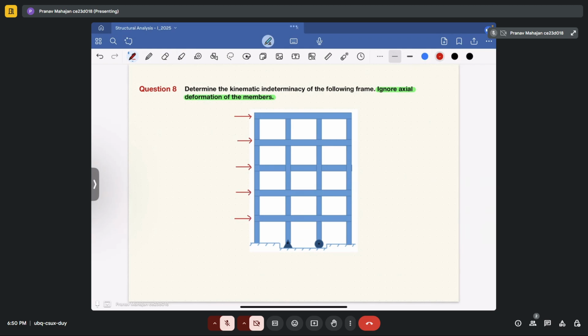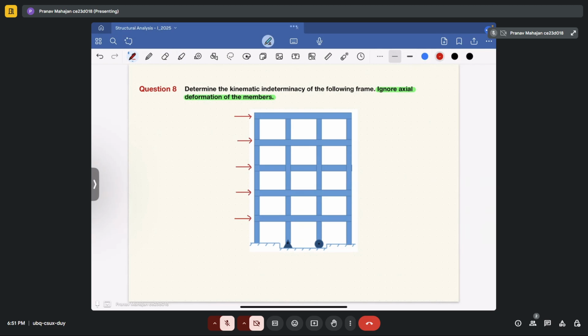And since all these joints are attached to each other, the horizontal displacement that is observed on the first column, the same horizontal displacement will be observed in all the columns. So you don't have to consider the unknown separately for all the columns. If you are taking it for one column, that means you are accounting for all the columns.